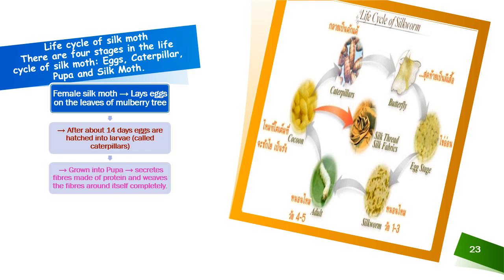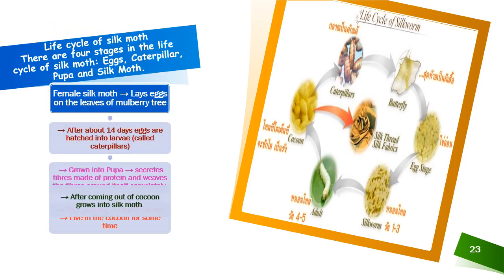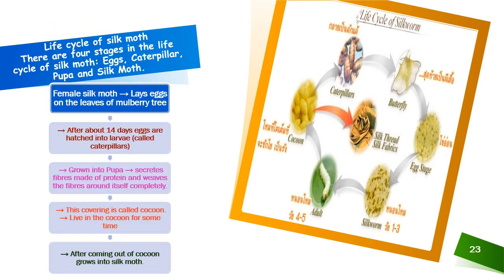The fibers harden when exposed to air and form a shell-like structure around the pupa. This hard covering is known as cocoon. Further development of pupa occurs inside the cocoon until it changes into a moth and emerges out of the cocoon.